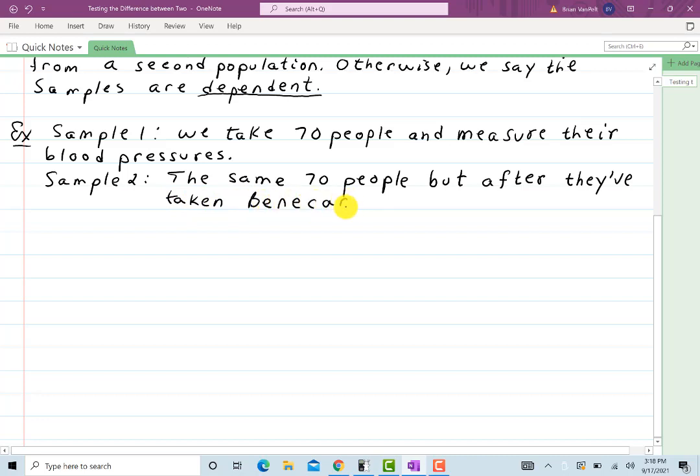These samples are obviously dependent because, well, it's the same people in both samples. This is more of a before and after study. So this would be better to do as a one sample thing because we have a before and after. So anyways, these are dependent.